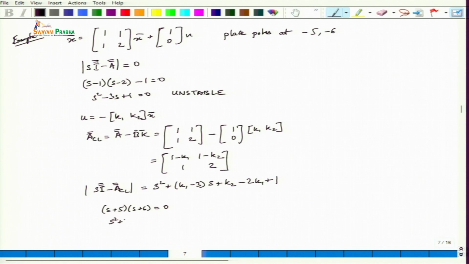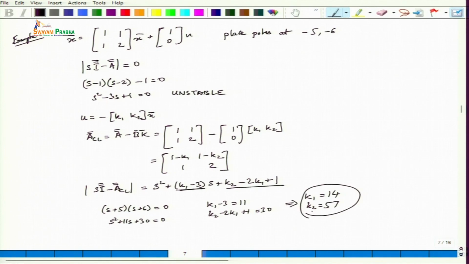So that's basically s square plus 11s plus 30. So we are going to try to match these two parts. We match k1 minus 3 equal to 11, and k2 minus 2k1 plus 1 is equal to 30. Based on this we get k1 is equal to 14 and k2 is equal to 57. So these are our controller gains for the state feedback controller.